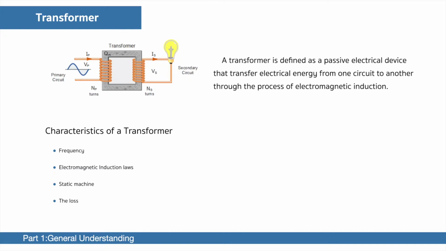All transformers make use of electromagnetic induction laws. No moving parts are required to transfer energy, so there are no frictions or voltage loss as with other electrical devices. The losses that do occur in transformers are smaller than those in other electrical devices and include copper loss and core loss.